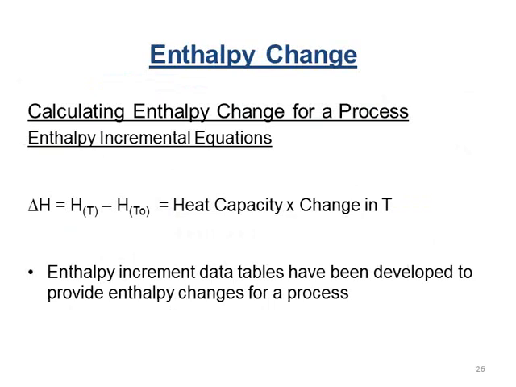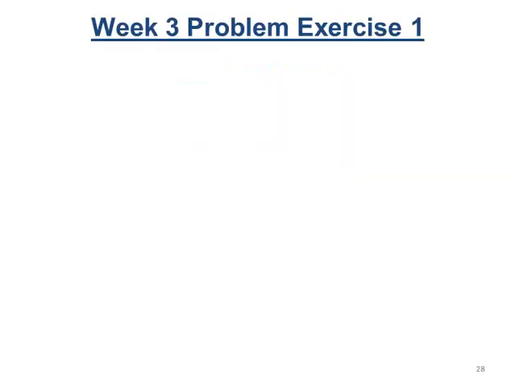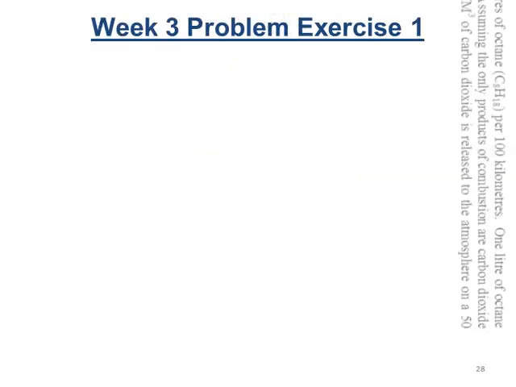So to calculate the enthalpy change for a process, the increment equation would be delta H is equal to the heat capacity multiplied by the change in temperature. And these tables have already been generated for us to be able to do mass and energy problems, which then we'll move to the first example.